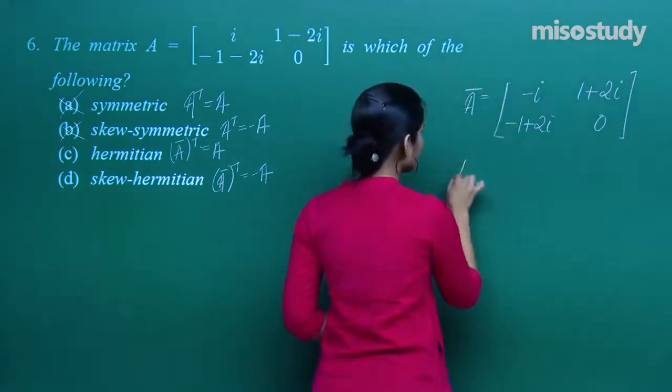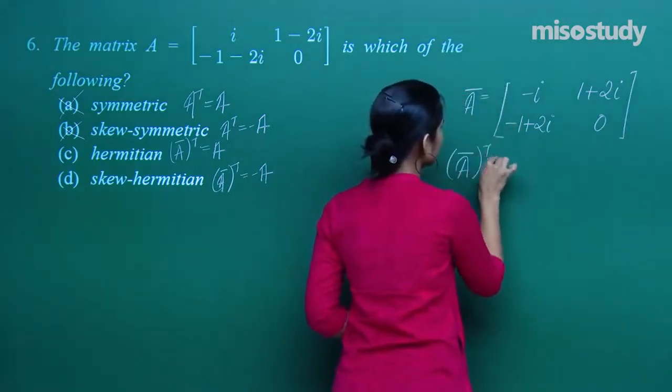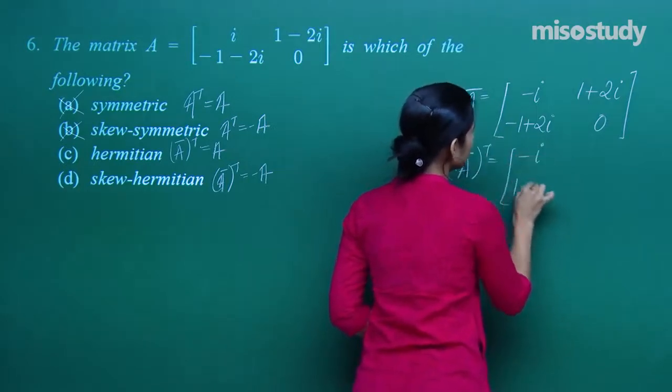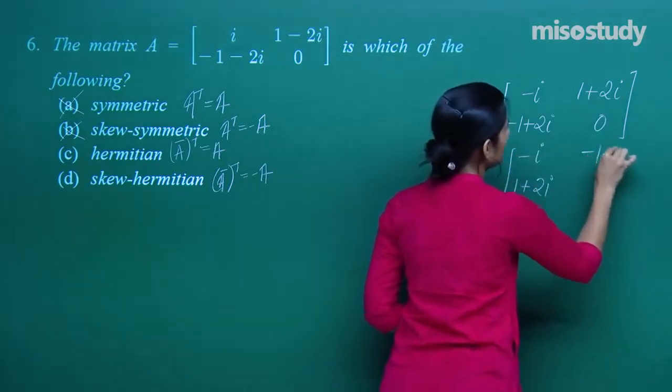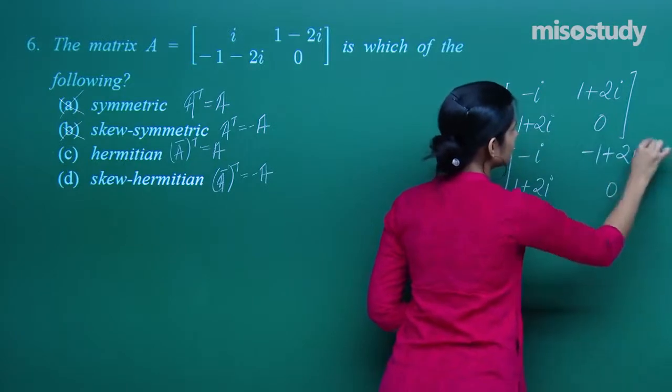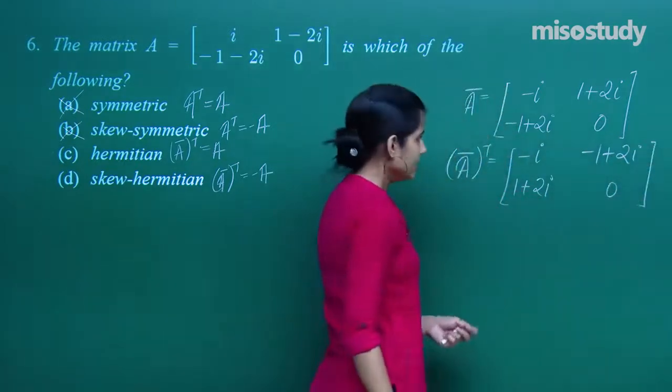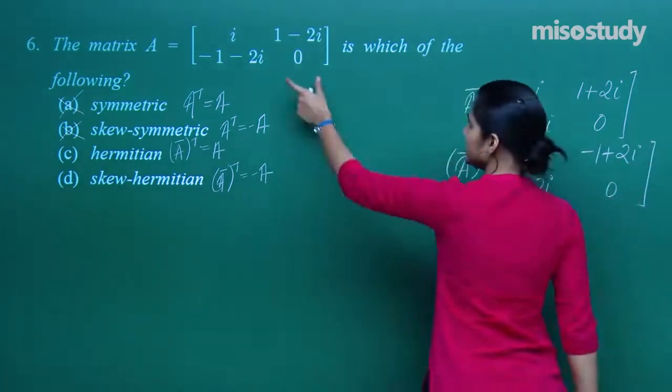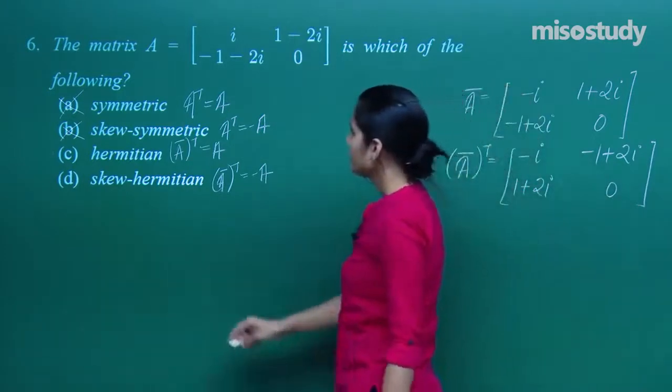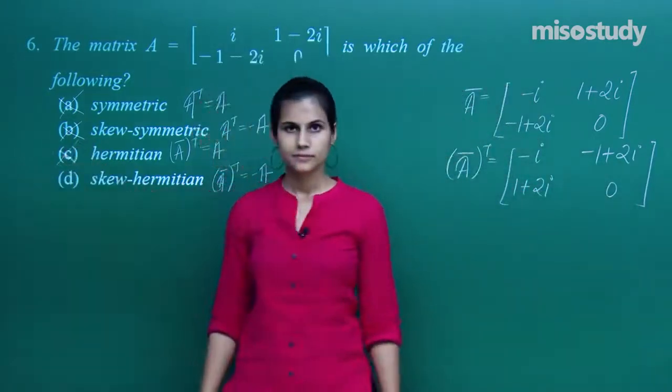And now when you take the transpose, it is minus iota, 1 plus 2 iota, minus 1 plus 2 iota, 0. This is not equal to A, you can see it. It's not equal to A, therefore it's not Hermitian.